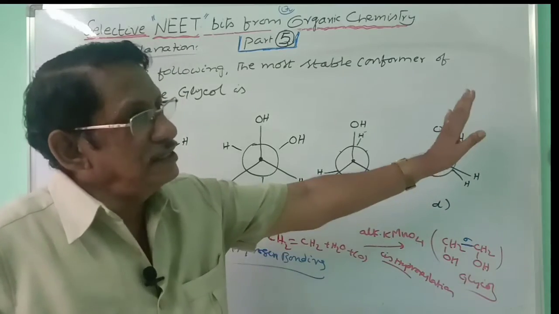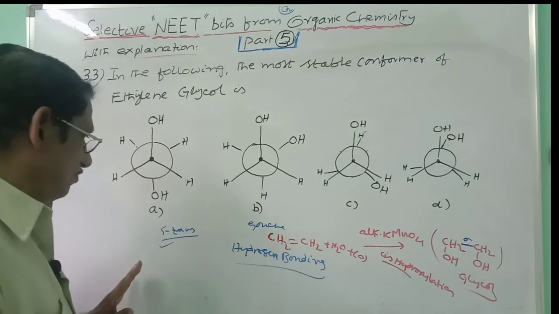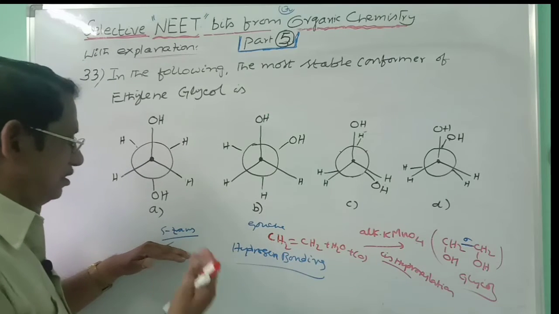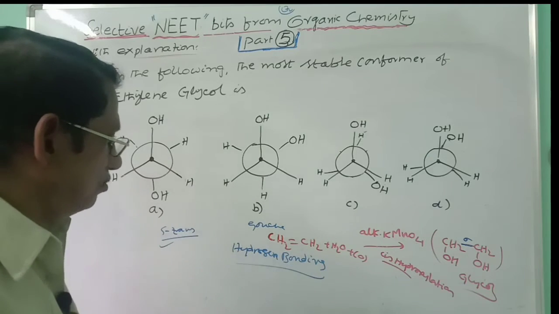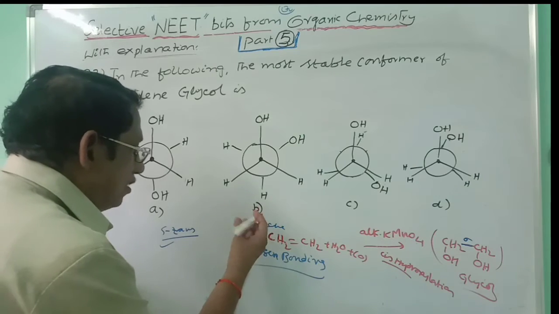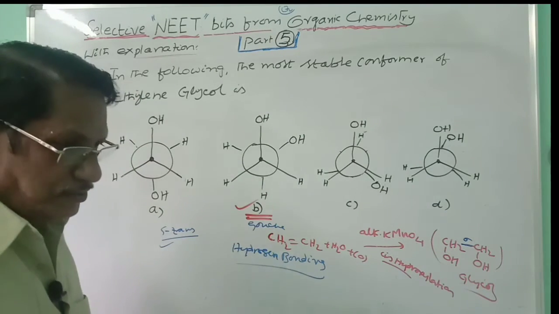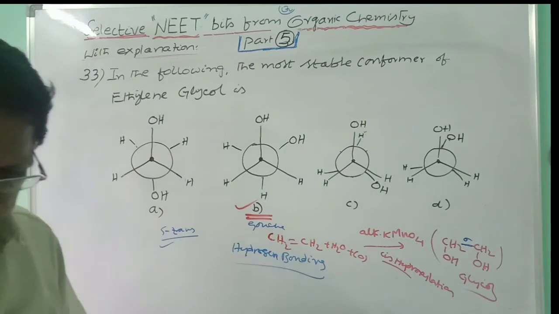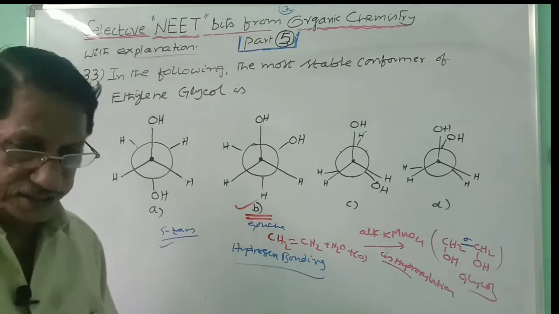So that is also there in the eclipsed conformer, it becomes a special case. In the staggered conformers, in spite of anti having the expected stability, gauche has the more stability, and the expected answer here is B but not A. Here B is the correct one because of the hydrogen bonding between the two OH groups, which are nearer to each other in the gauche conformer. That is how to answer.